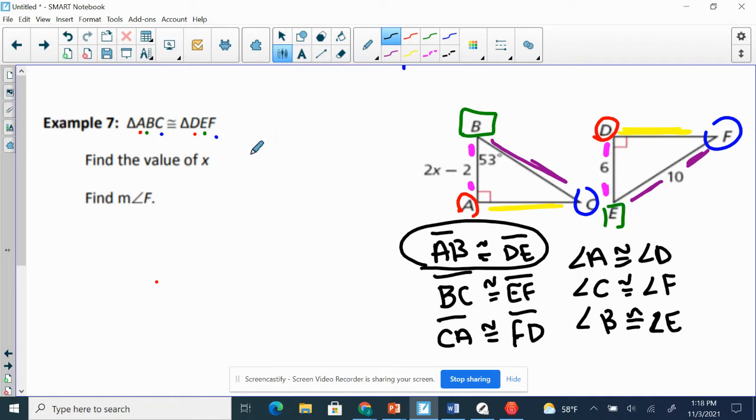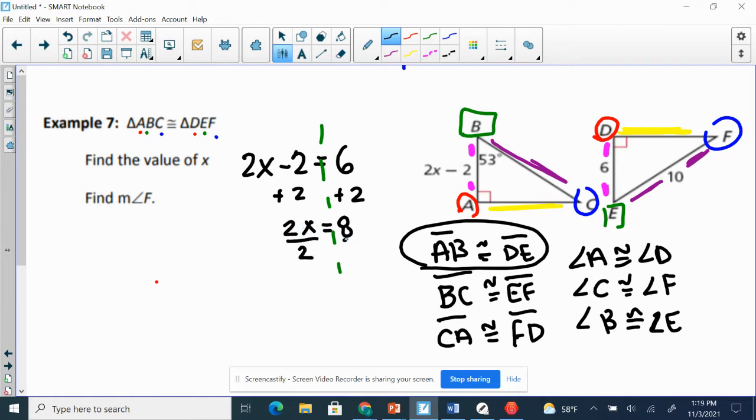So that means 2x minus 2 is equal to 6. And I need to solve for x. So I'm going to pretend like this is just a basic equation. I'm going to add 2 to both sides to get that x by itself. Then the inverse of 2 times x is division, so I'm going to divide by 2. So x equals 4. And we answered this question.